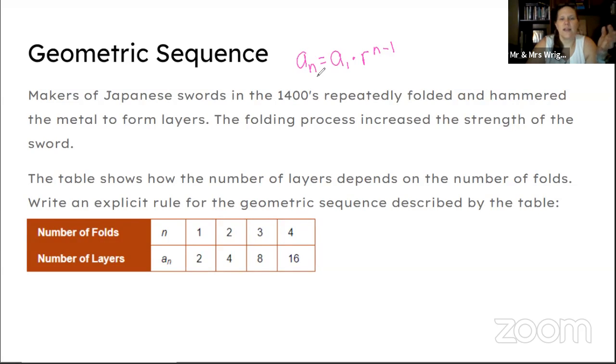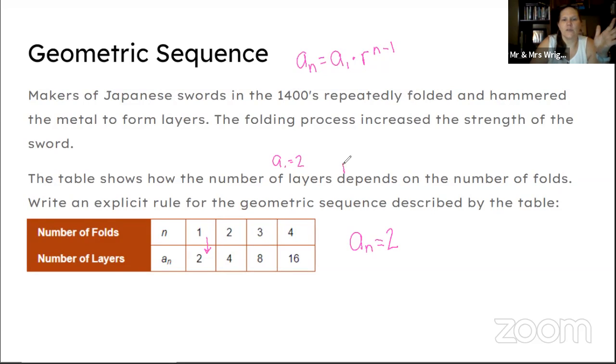So A sub n, we can't figure out that yet. We're going to keep that. That's part of our problem. A1 means the value of the first term. So this is the position 1. That's the first term. So the first term is 2. So A1 is 2. So I'm going to put 2 in here where the A1 goes.